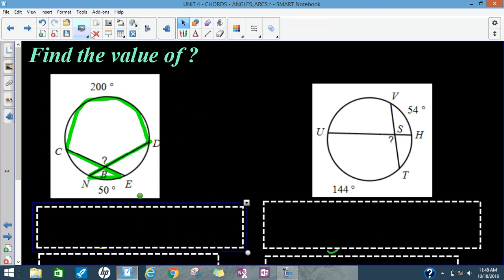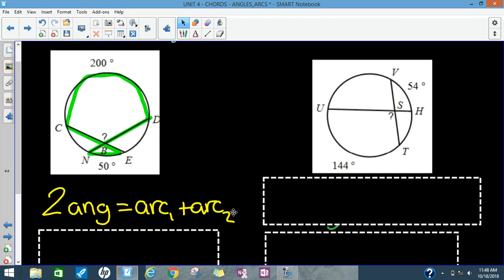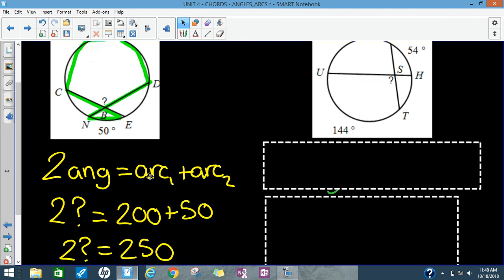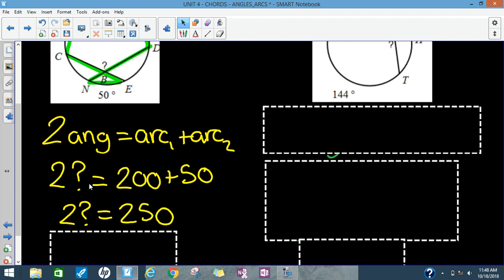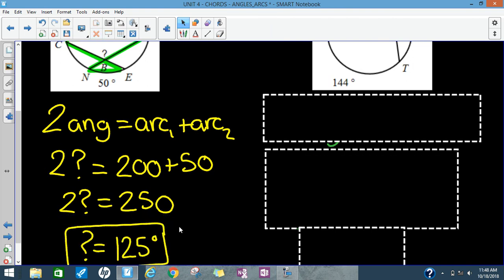So I'm always going to write the equation. This 1 and this 2, those are just labels to name the arcs. I'll plug in what I know, and I'll solve. I'll plug in question mark for the angle, 250 for the arcs, and I can find out that that angle is 125.